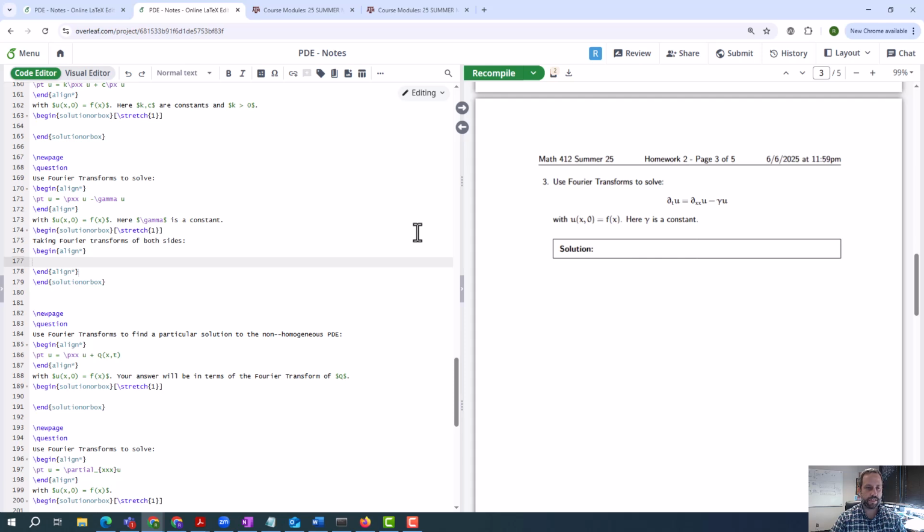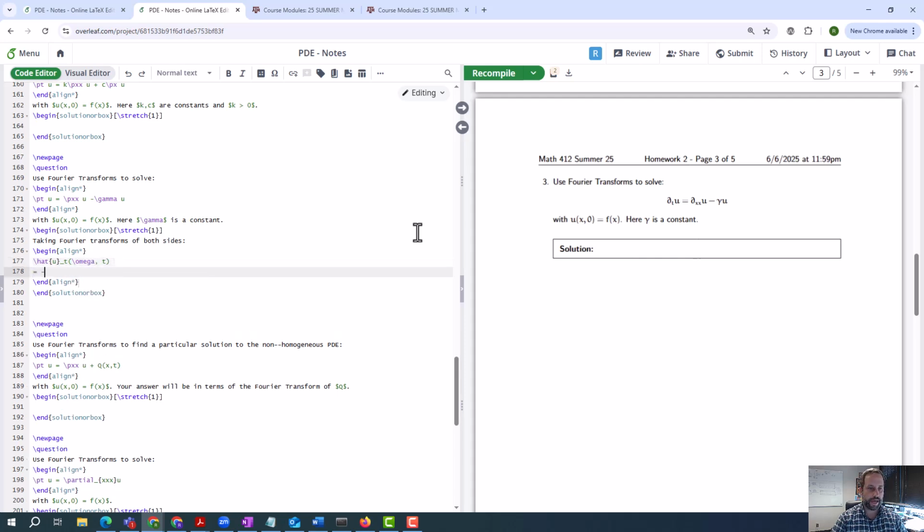On the left hand side, it's just the derivative of the Fourier transform, and on the right hand side it's going to be minus omega squared times the Fourier transform.